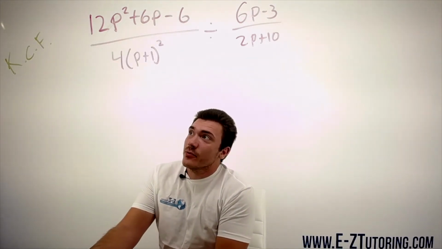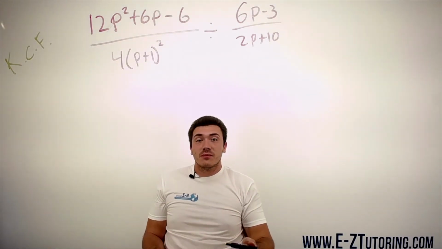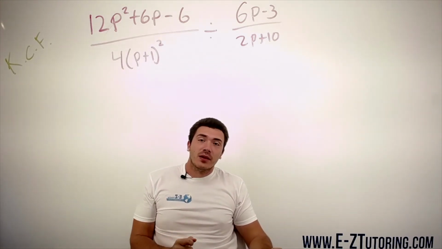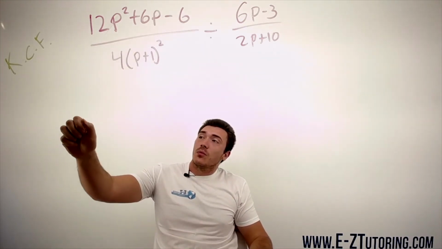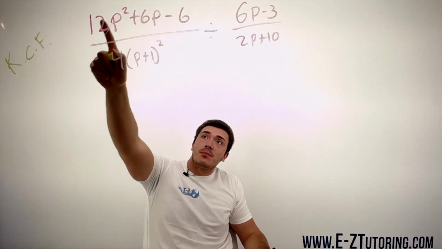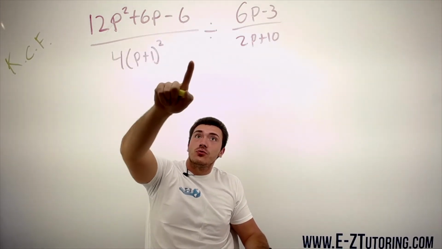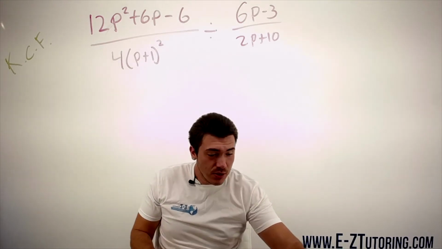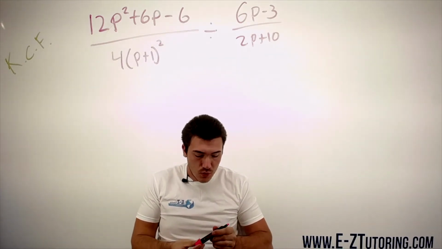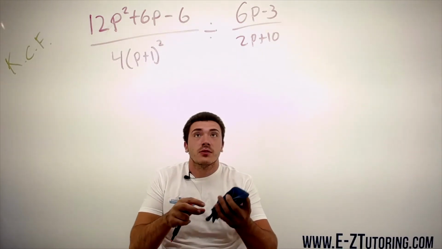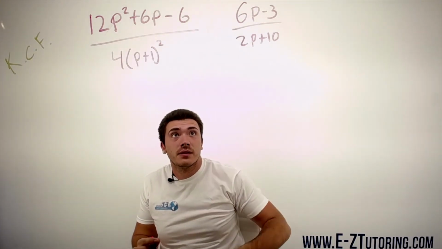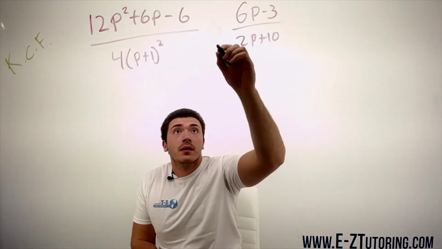The way I like to remember this is it kind of reminds me of Kentucky Fried Chicken. So anyways, keep means you keep the first fraction. Change means you change the division symbol into multiplication. So let's get rid of this and put one of these.